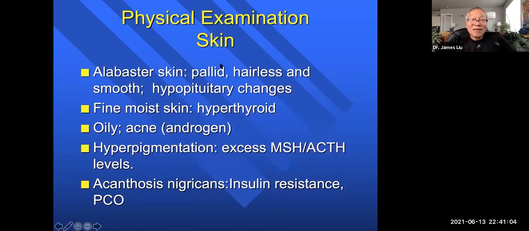So looking at the skin, you can see changes that may suggest hypopituitarism: very, very white alabaster skin that's hairless, pale, and very, very smooth. If there's moist skin suggesting fine perspiration, it may suggest hypermetabolic status from thyroid.